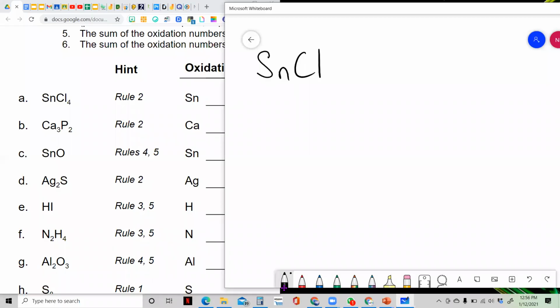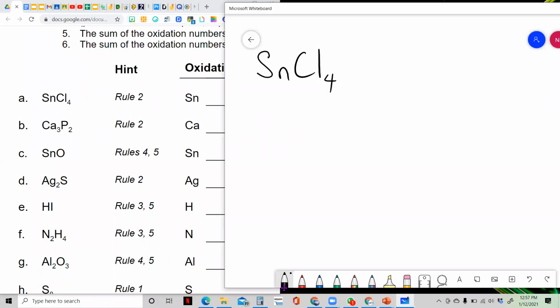I shouldn't say the name, because if I say the name it's going to give you the oxidation numbers. So right now it is tin bonded to 4 atoms of chlorine.